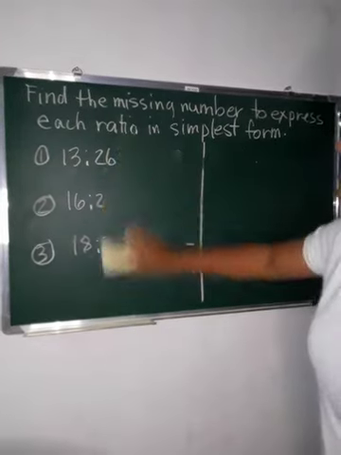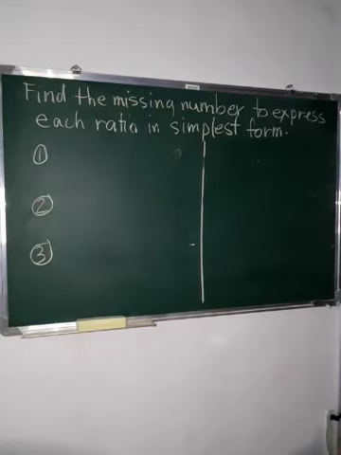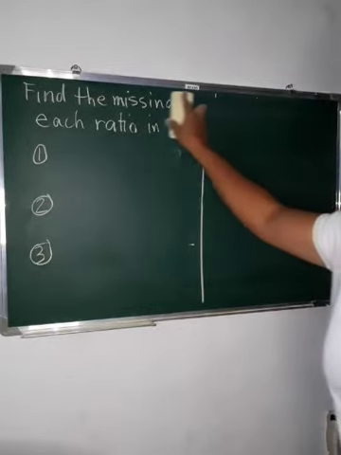Example. The instruction, I'm going to read the instruction. Give at least one equivalent ratio to the given ratio. Example, we have here 2, 7. So, let's change the instruction.